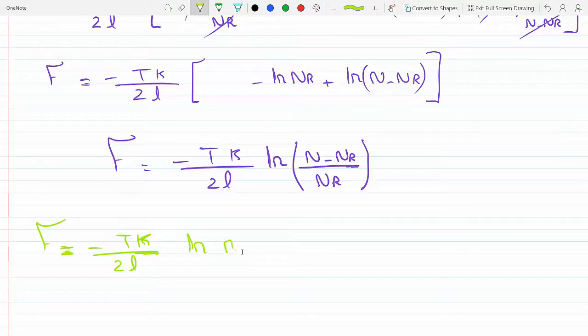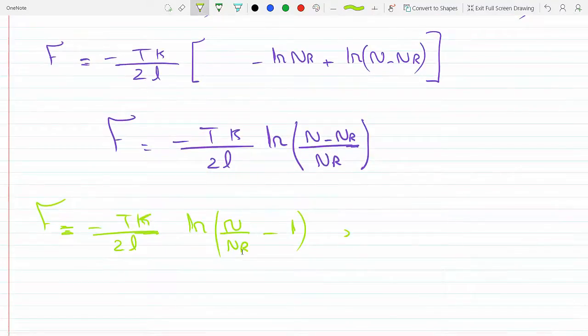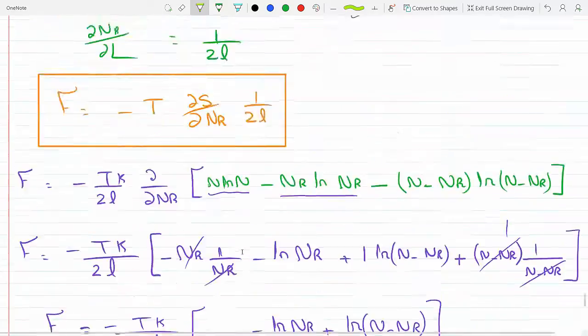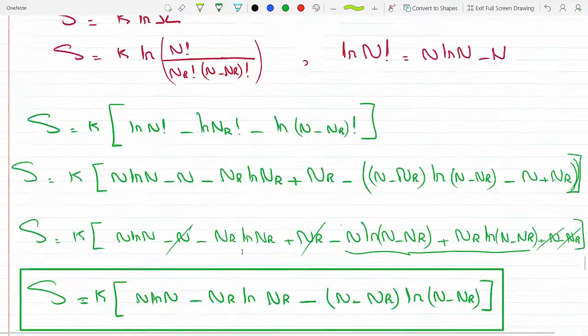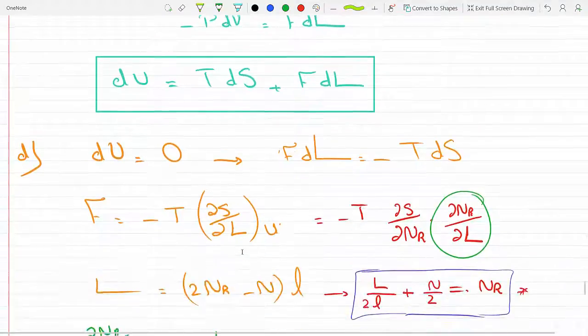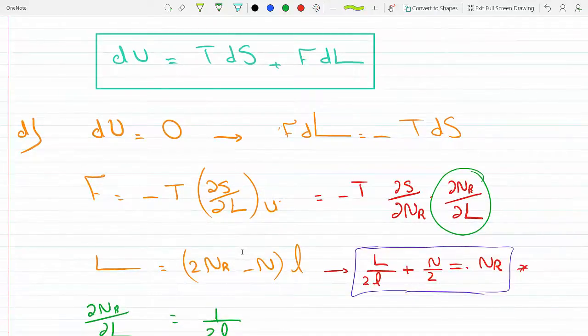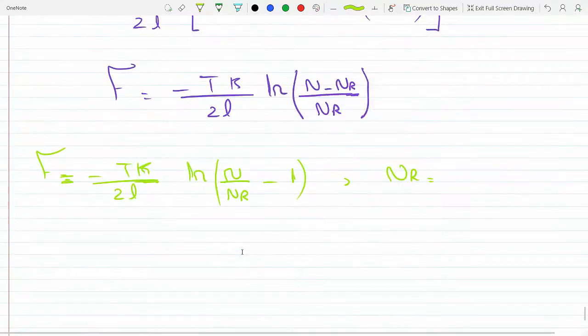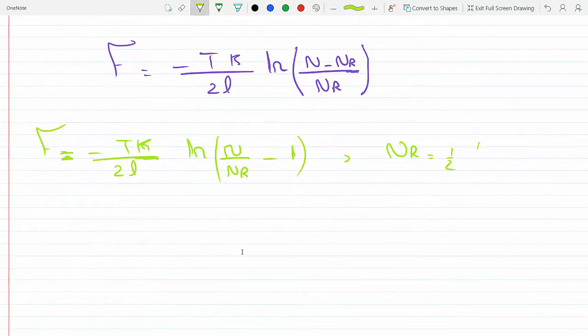Okay, this is just ln n over NR minus 1. Okay, and I know that my NR from up there is equal to one half L over L plus N. So plugging this in, I just factored the half out.